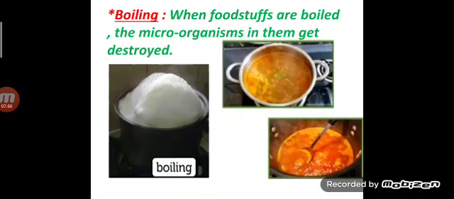Next one is boiling. When foodstuffs are boiled, the microorganisms in them get destroyed. Microorganisms cannot survive at very high temperature, so by boiling, microorganisms are killed. Hence, the foodstuffs are prevented from spoilage by microorganisms. Now children, you must have noticed that during the summer season we boil milk again and again.